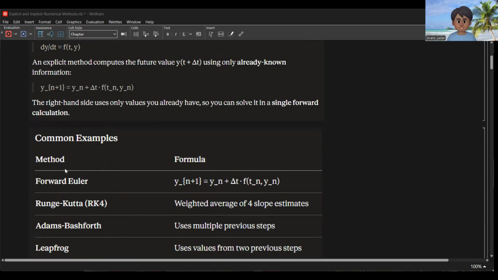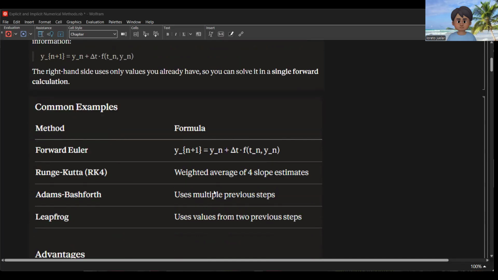So we have common examples here. The forward Euler, where the formula is y_{n+1} = y_n + Δt · f(t_n, y_n). We also have the Runge-Kutta RK4, which is based on the weighted average of four slope estimates.